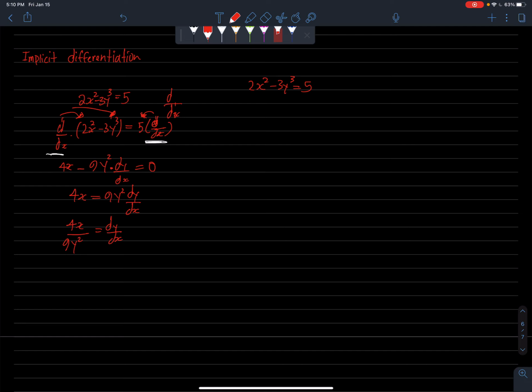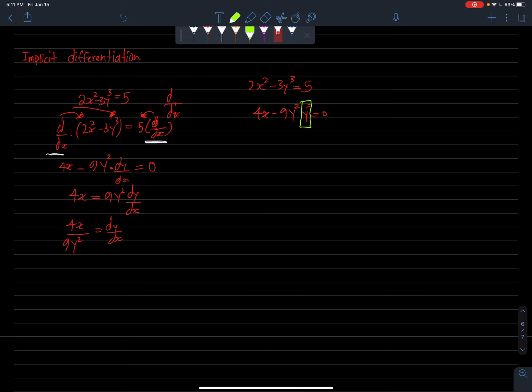So I'll just take the derivative normally, and then whatever variable is not x, I'll multiply it by a y prime, for example, right? So 4x minus, this is x, I don't need to put anything. This one, 9y squared, I'll multiply it by y prime is equal to 0. This way you don't have the fraction, which makes it messy. And then all you have to do is isolate for y prime, right?